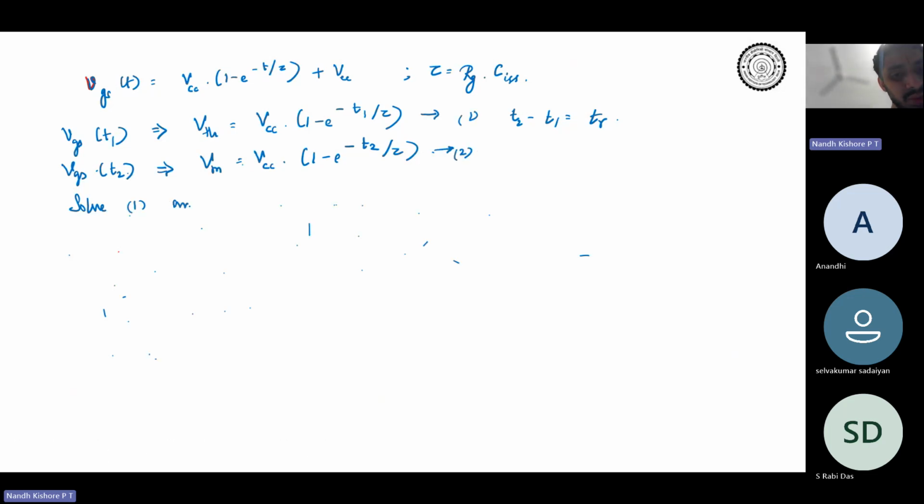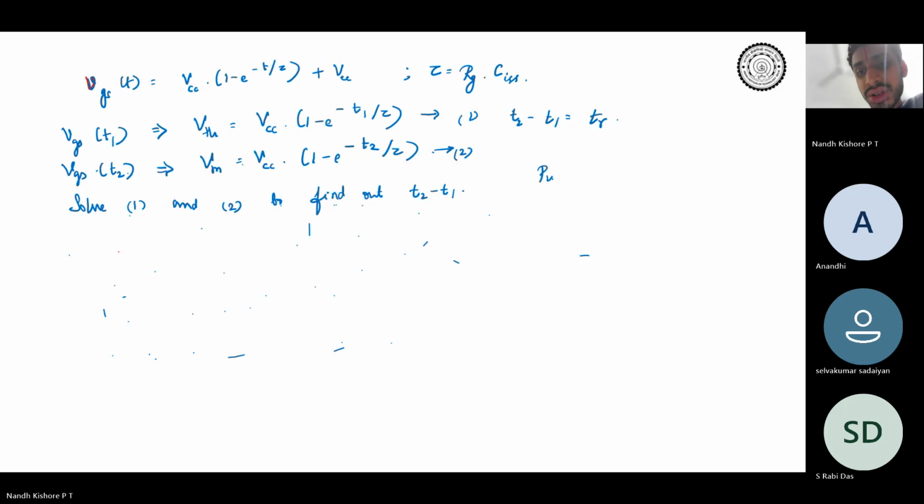Solve 1 and 2 to find out T2 minus T1. Or a better approximation: instead of taking another variable called T1, put T1 equal to 0 and T2 equal to TR.